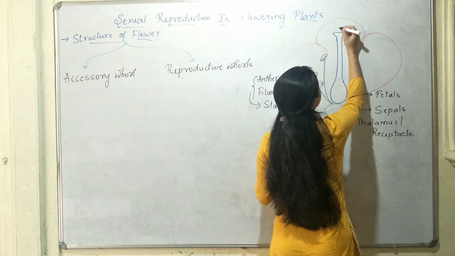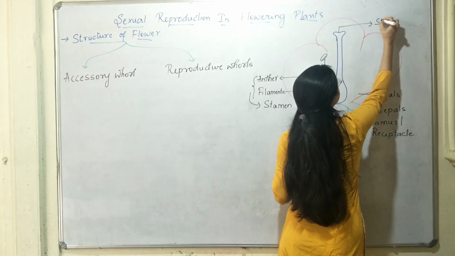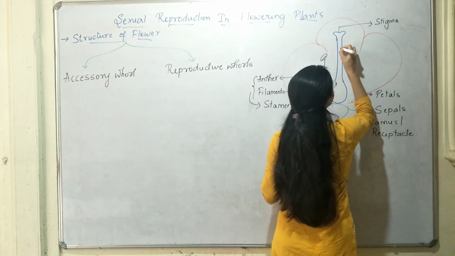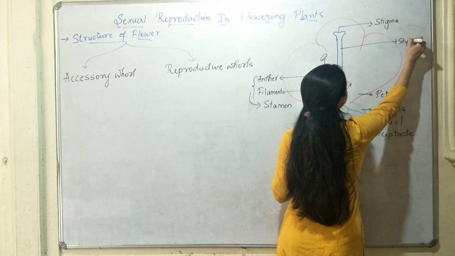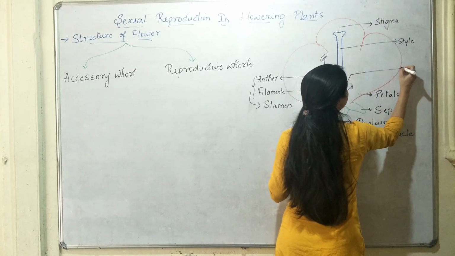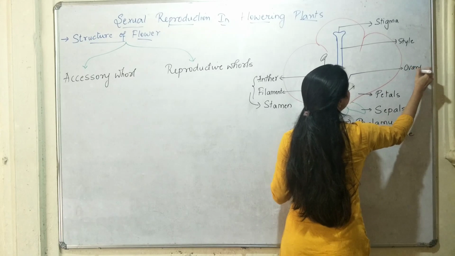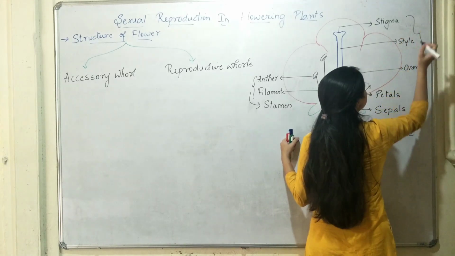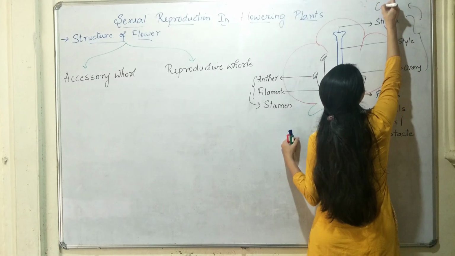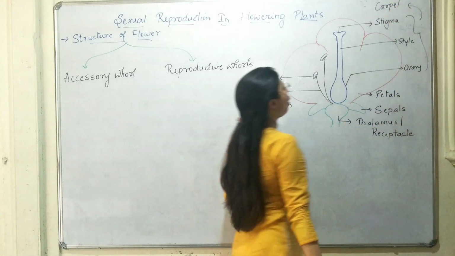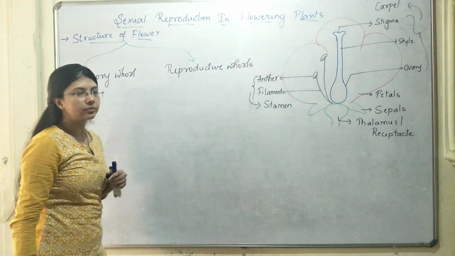The blue colored structure again has three parts: stigma, the style, and the ovary. Together, the stigma, style and the ovary represent the female reproductive part which is called the carpel.